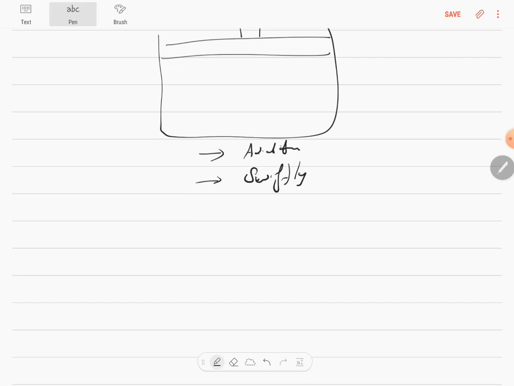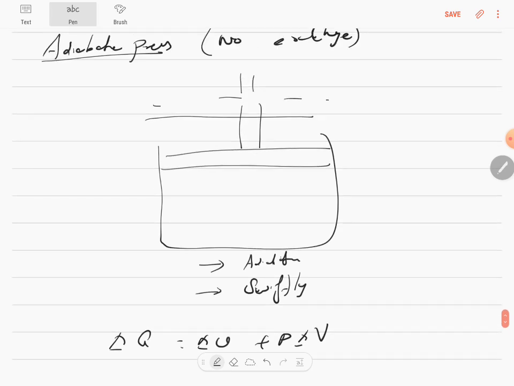And in this process, since no exchange of heat is allowed, you write delta Q is equal to delta U plus P into delta V. Okay, so let's write what happens to the gas equation here. PV is equal to nRT, where T is also variable.